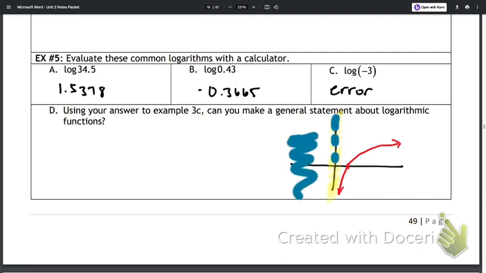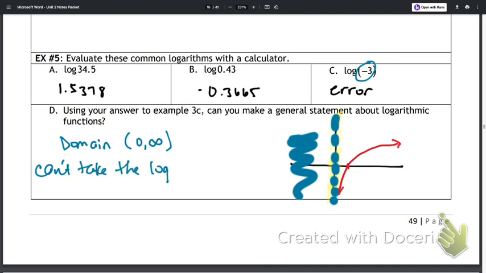You don't go past this vertical asymptote right here. So your domain for a log function is x is greater than 0, I'm wrong about that, sorry, it's just greater than 0. So it's all 0 to infinity. So what that means is that you can't take the log of a negative number. That's why we got an error message. I'm going to write that. Can't take the log of 0 or a negative number.